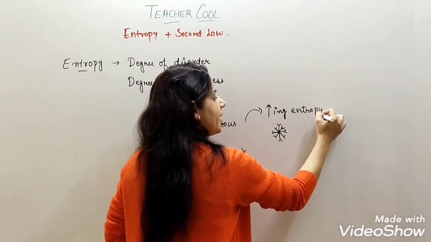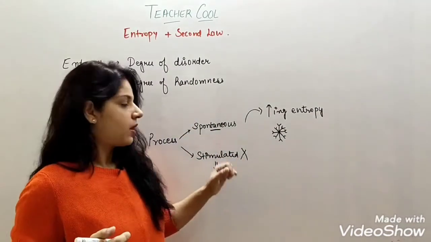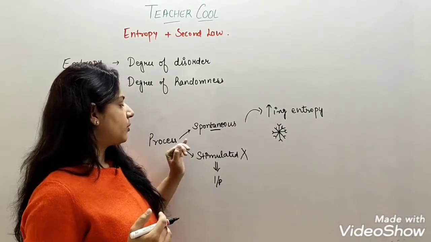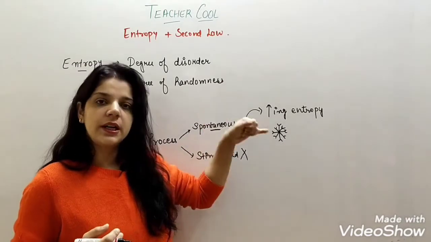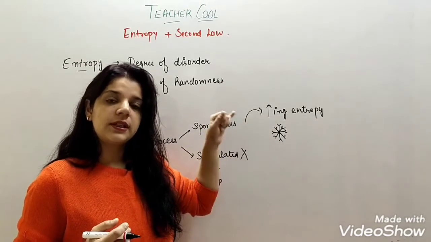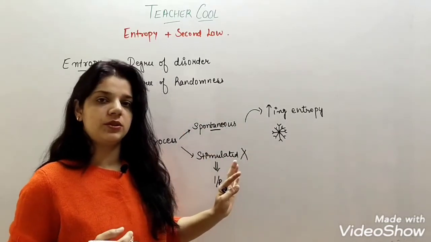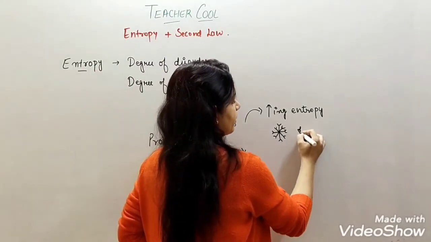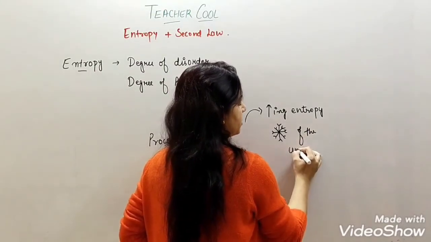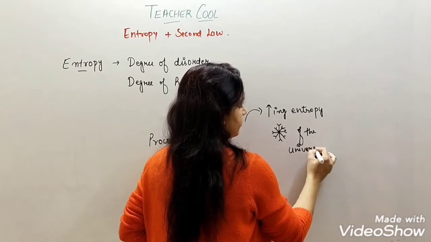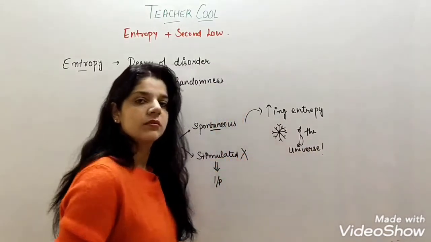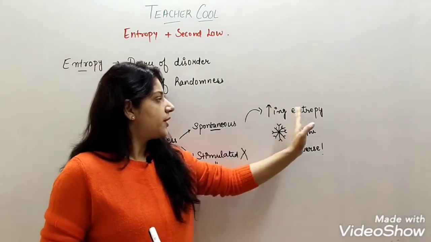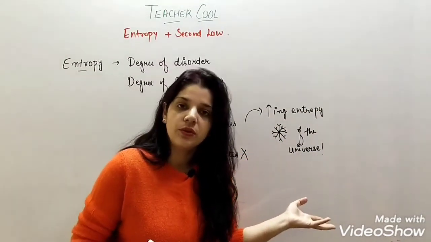Now, किसकी एंट्रोपी को वो इंक्रीज कर रहे हैं? हम कोई सिस्टम नहीं ले रहे हैं, हम एक यूनिवर्स की बात कर रहे हैं, तो हम बोलेंगे every process which is occurring in the universe and it is spontaneous in nature, it will increase the entropy of the universe. Am I right?